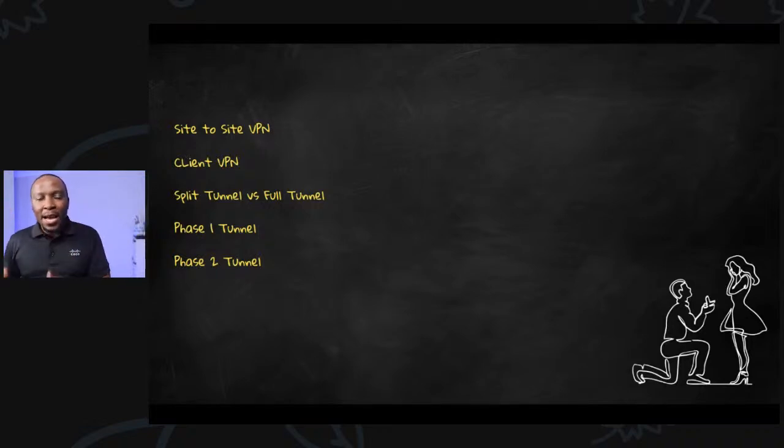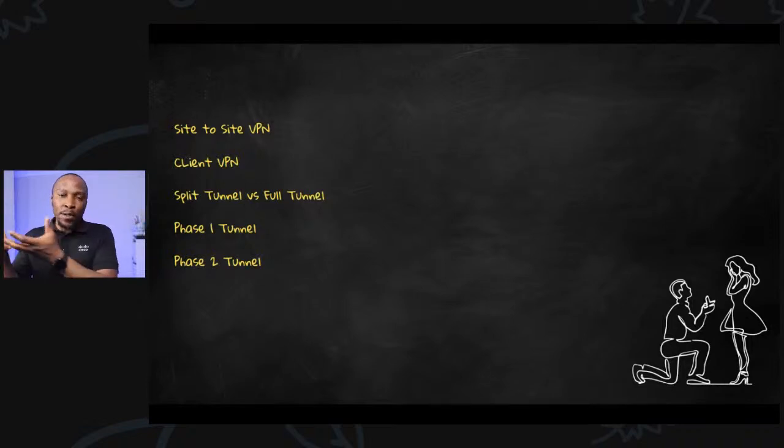But the VPN allows people to connect over an untrusted network, which is the internet in general, and tunnel that data between the end user and the infrastructure sitting at the head office of a workplace.